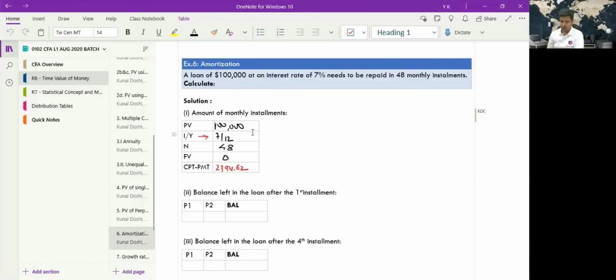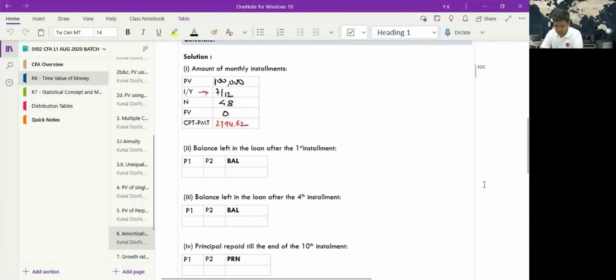Now press the second amount function, second PV. So each one of you will try one question. Everyone with me, or anyone who wants can try. The question is the balance left in the loan after the first installment.